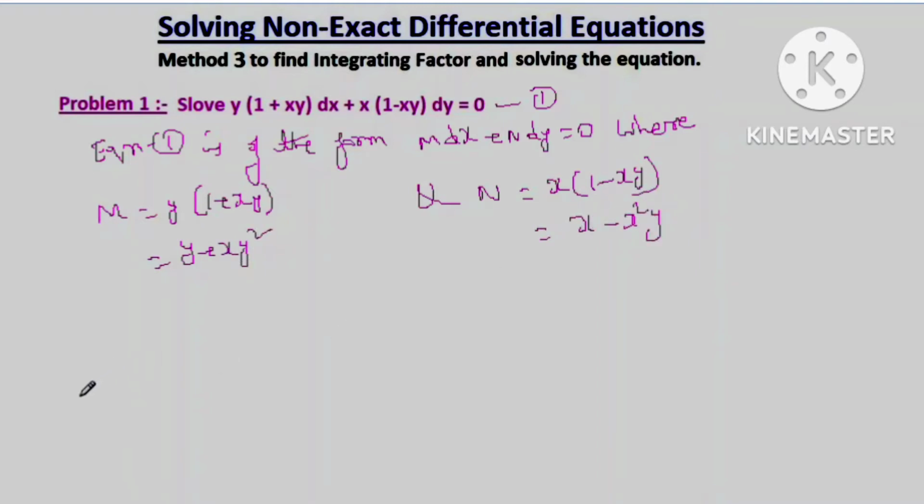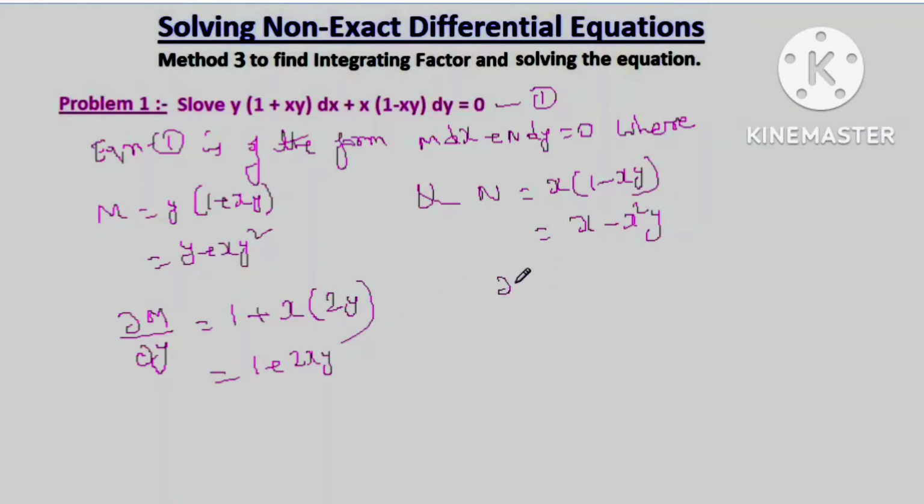Now to find whether equation 1 is exact or not, we have to find the partial derivatives dou M by dou y and dou N by dou x. So dou M by dou y is the partial derivative of M with respect to y. Derivative of y with respect to y is 1, plus x is treated as constant, so x into derivative of y square, which is 2y. So this is 1 plus 2xy.